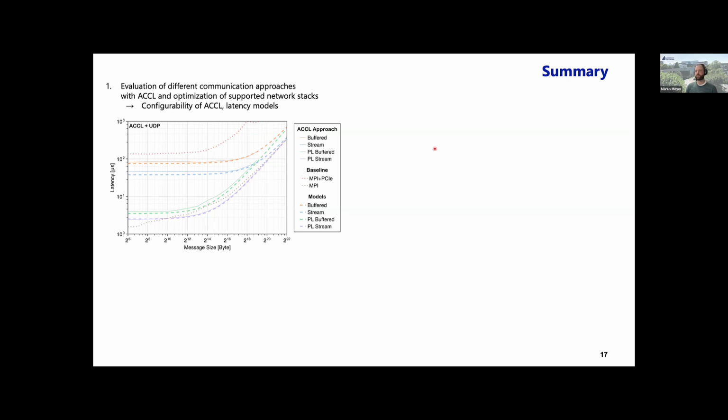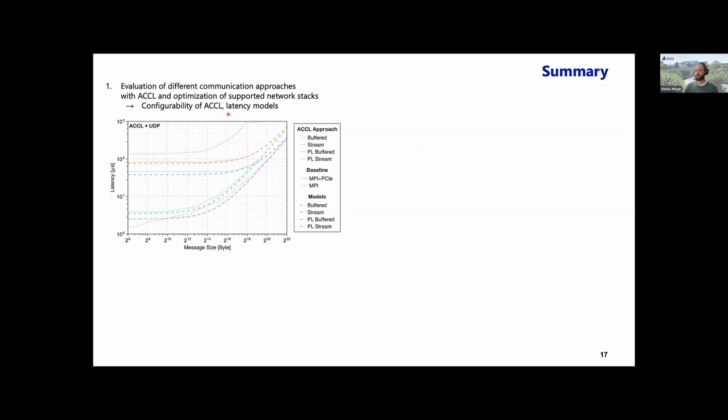In our case, we looked at communication sensitive applications where network congestion doesn't happen that often. So that's why we could use the UDP stack. That may not always be the case. Sometimes TCP may be required in that sense.